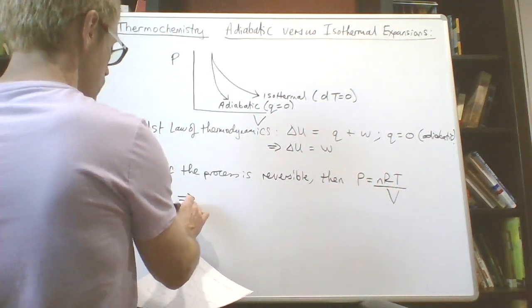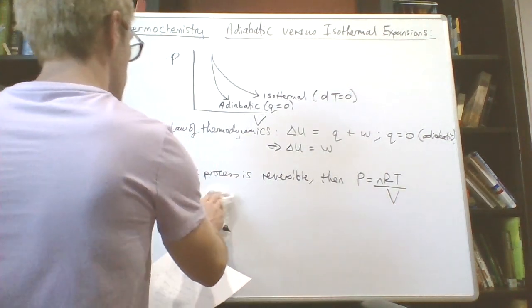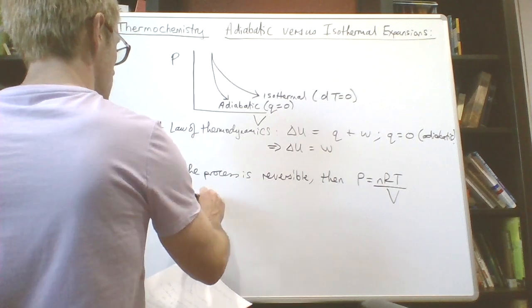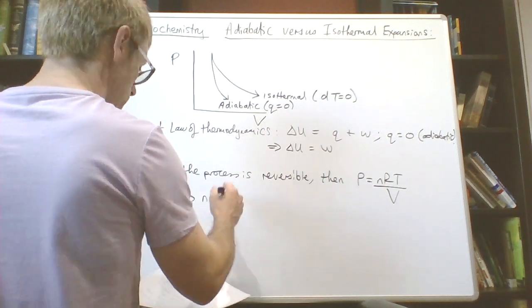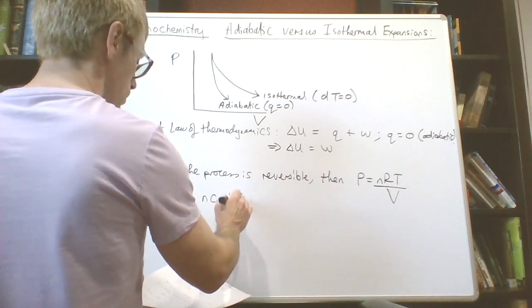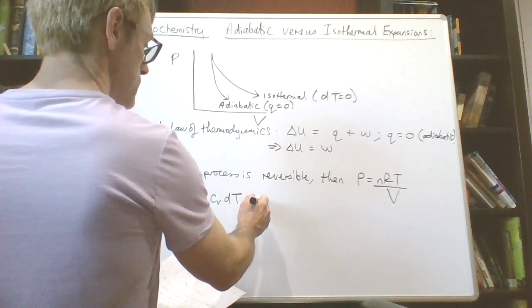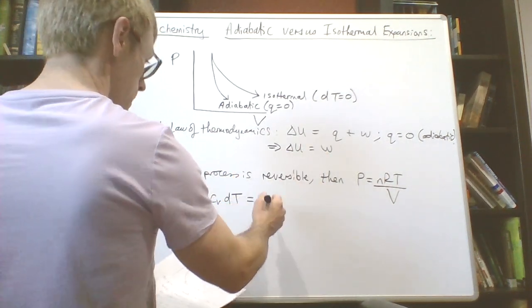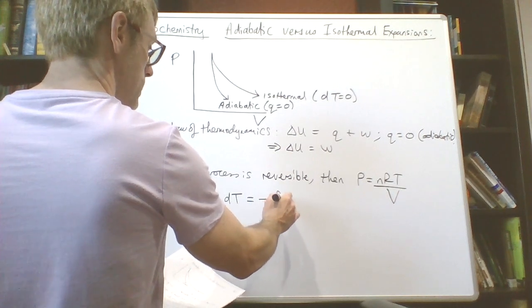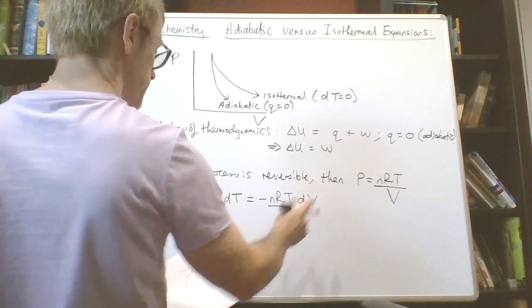And if that's true, then our previous statement that the moles times the molar heat capacity at constant volume, or delta U, is equal to work, which is minus P delta V, so that's minus nRT over V dV.